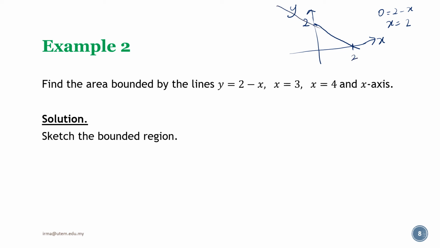So over here is 2. Okay, this is the graph. So this is not the shaded region, because why?